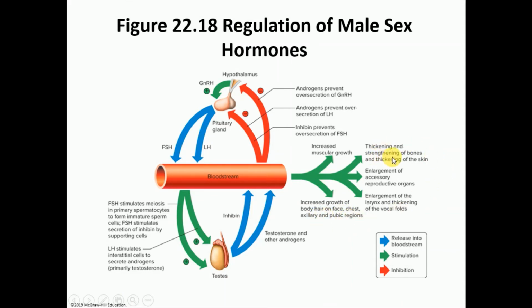It will start the thickening and strengthening of bones and thickening of the skin. It leads to the enlargement of the accessory reproductive organs. It also leads to the enlargement of the larynx and thickening of the vocal cords, leading to that change in voice during puberty.